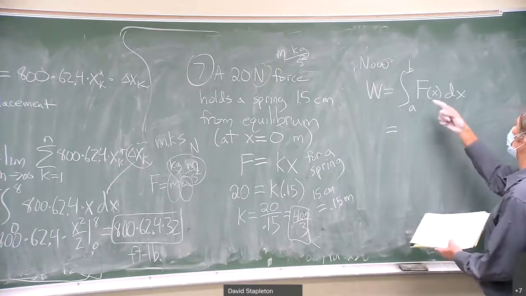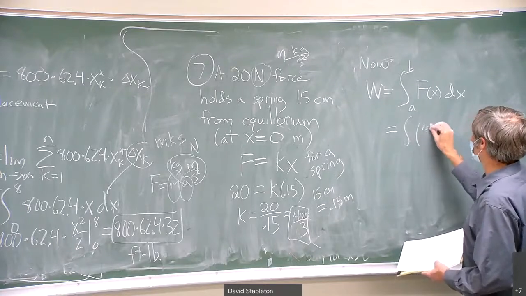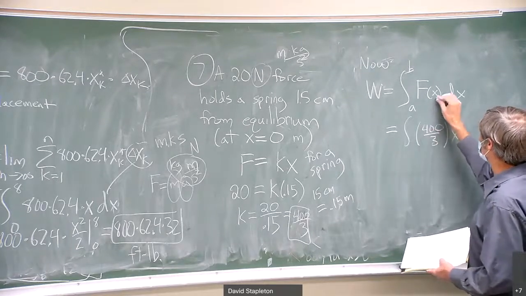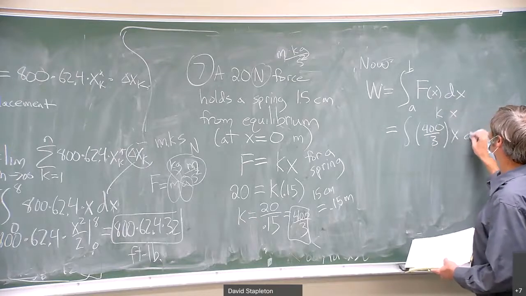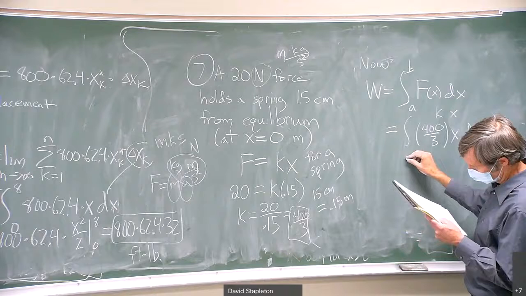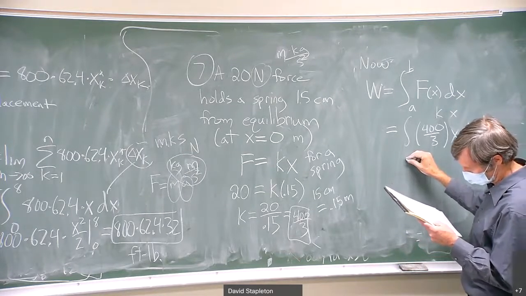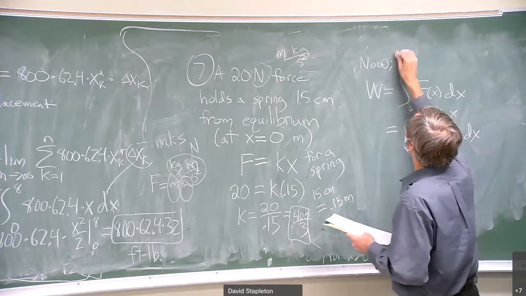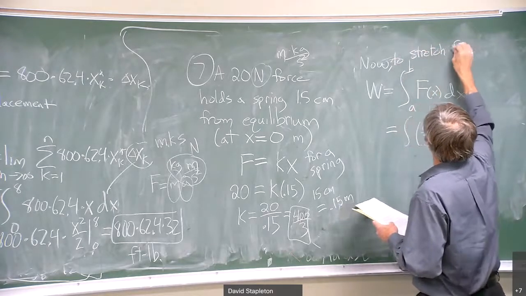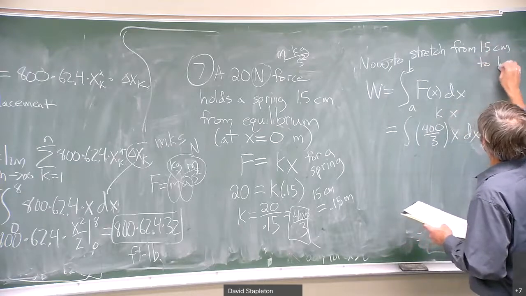The spring makes a negative force towards the origin. I pull it out. And this is my work here, f of x is kx with k equals 400 thirds. So f of x equals 400 thirds x, and I integrate it. The question, which I never wrote down: how much work is required to stretch it from 15 centimeters to 19 centimeters?